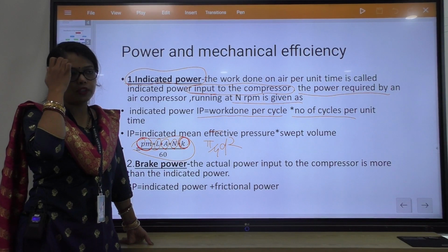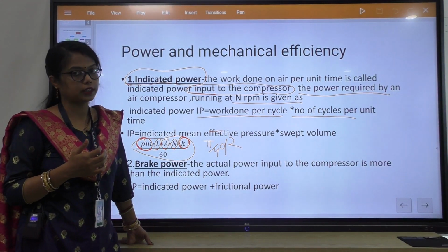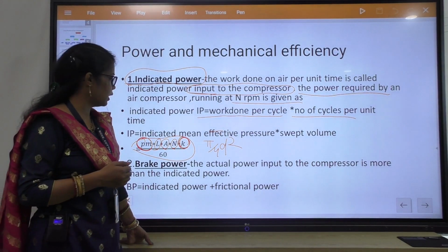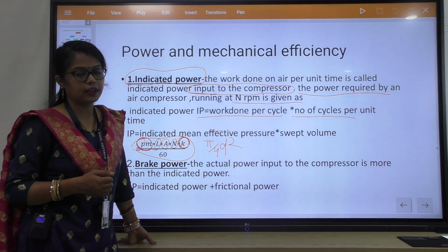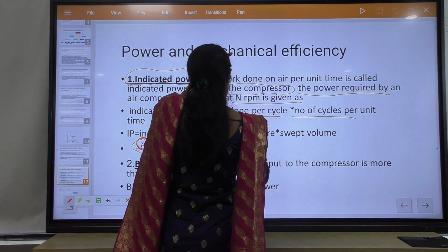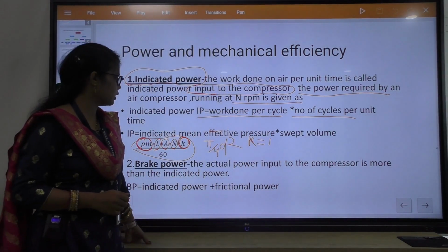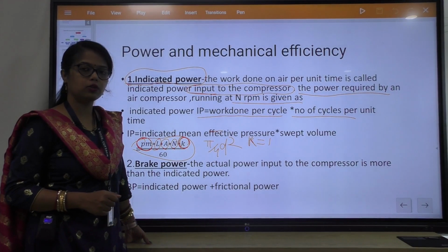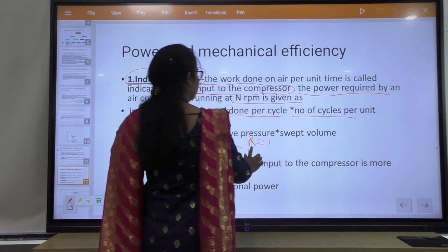In the previous class I told you about the single acting air compressor and double acting air compressor. In a single acting air compressor, the compression of air takes place on one side of the cylinder. In that case the K value will be 1, and for a double acting air compressor the K value will be 2.